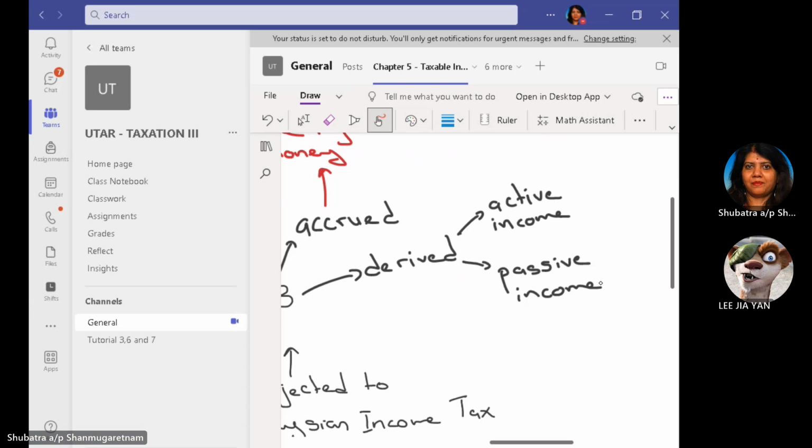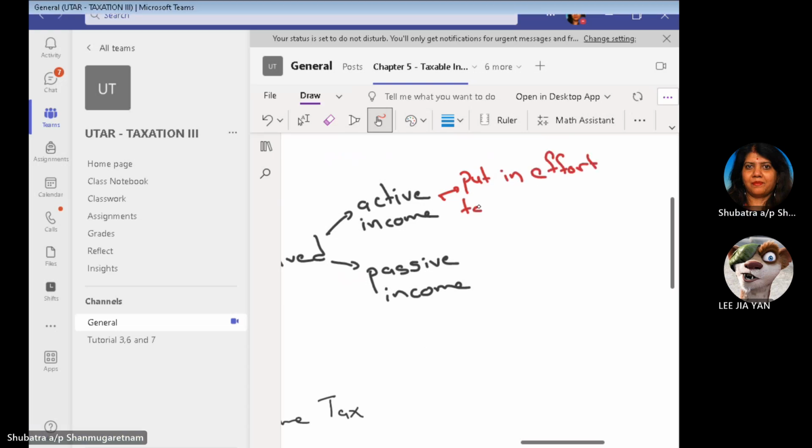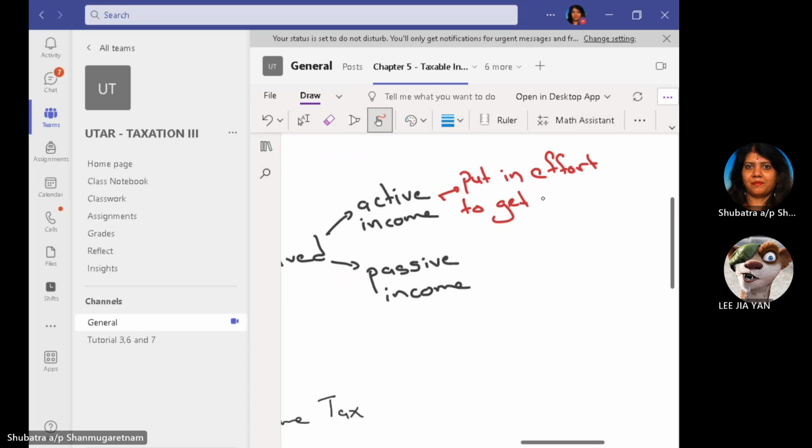Now, when you talk about active income, here you are putting an effort to get that income.